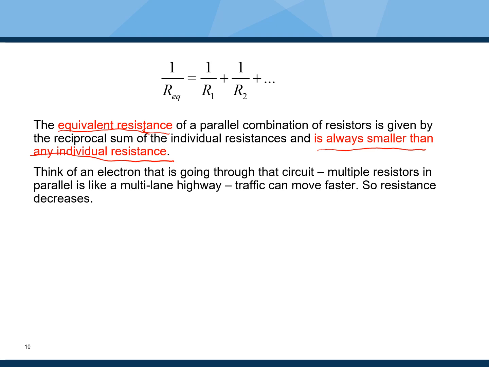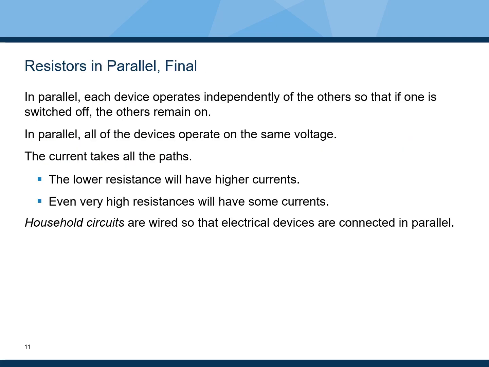So with this intuitive analogy to a single lane and a multi-lane highway, we can actually appreciate that the resistance in a set of resistors that are connected in parallel will in fact be less than the two individual resistors that go into making that parallel connection. So with that understanding, let's move forward and understand that in reality, household circuits are always wired so that they're connected in parallel.